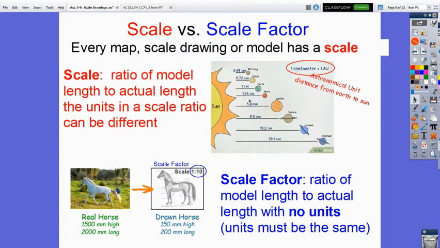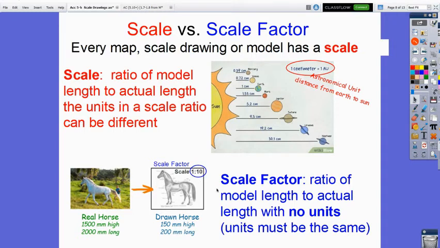So here's a drawing of the solar system, and it's 1 centimeter is 1 astronomical unit. An astronomical unit is the distance from the Earth to the sun. So you see here in this drawing that the distance from the Earth to the sun is 1 centimeter in the drawing, because that is 1 astronomical unit. That's the definition of an astronomical unit. Okay, so that's the scale.